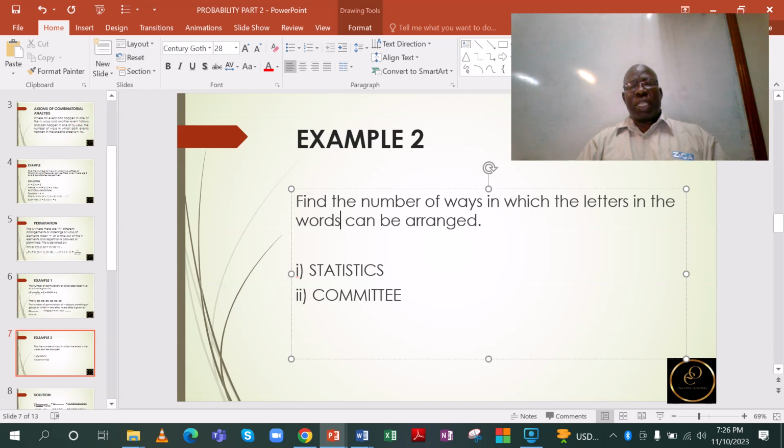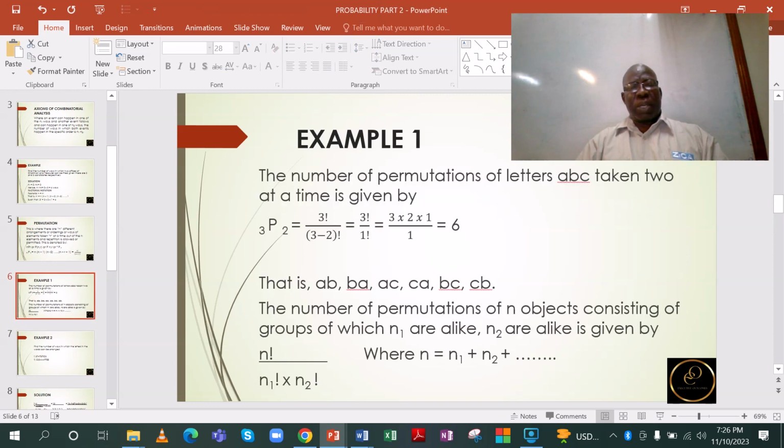We have only 1, so n3 will be 1. Let's look at I. How many I do we have? We have 2, 1 here and another one here, so n4 will be 2. We have dealt with S. What of C? There is only 1, so n5 will be 1. So that's what we have there. Let's look at the workings.